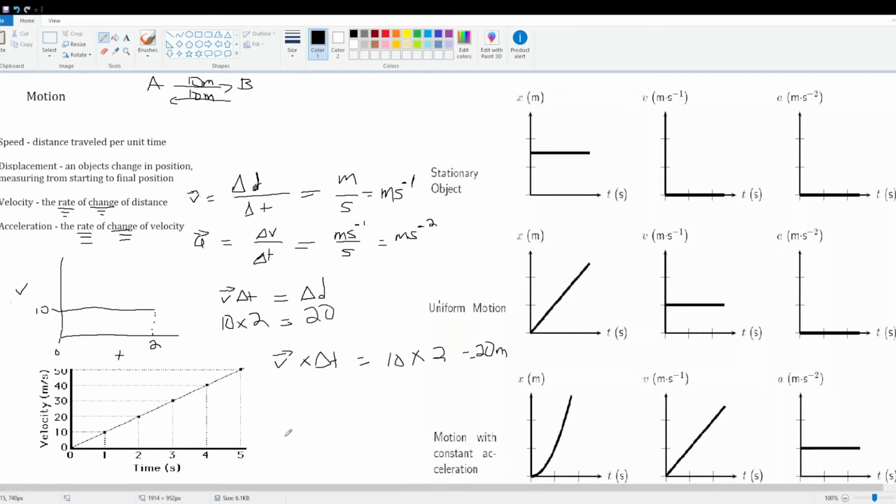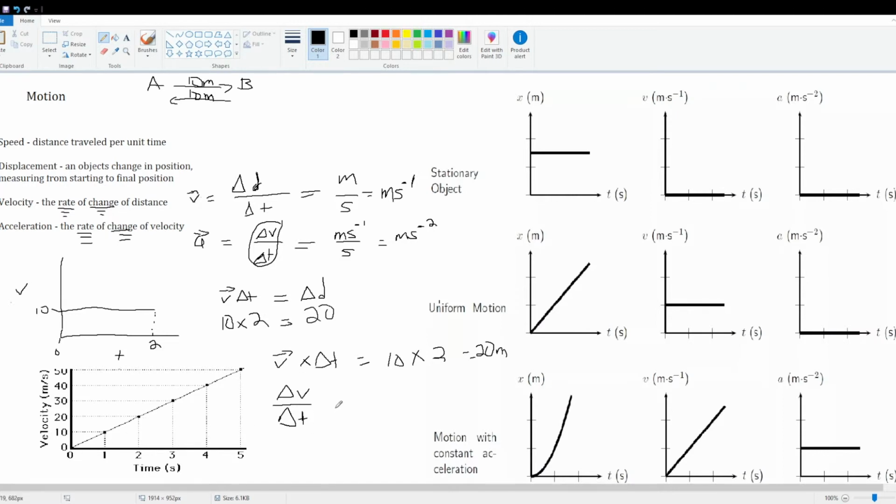Okay, now let's find the acceleration. So we have the formula right here: change in velocity over change in time. Now this might trip you up, but we need the change in velocity, not the average velocity. This is very important. If we want it after 2 seconds, the change in velocity is 20 meters per second, from 0 to 20.